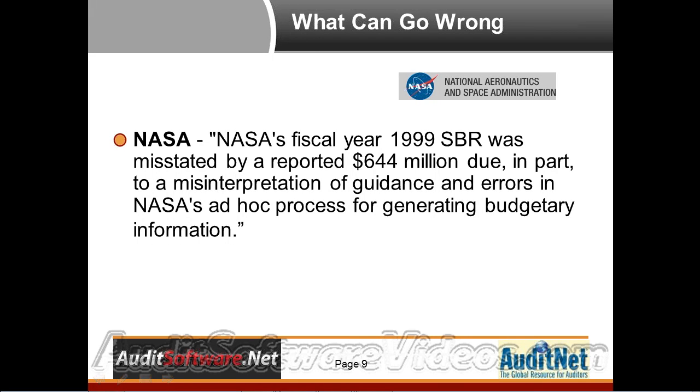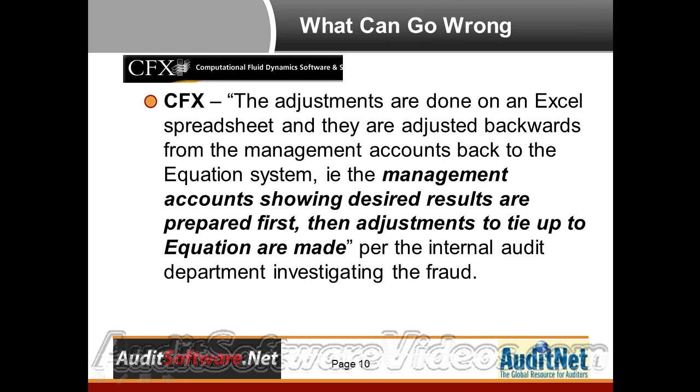This is NASA fiscal year 1999, misstated by 644 million due in part to misrepresentation in their budgetary information, and it was ad hoc and it was using Excel. And again, this is one example. Another example here is CFX. The adjustments are done on an Excel spreadsheet, and they're adjusted backwards to the management accounts and back to the accounting system.